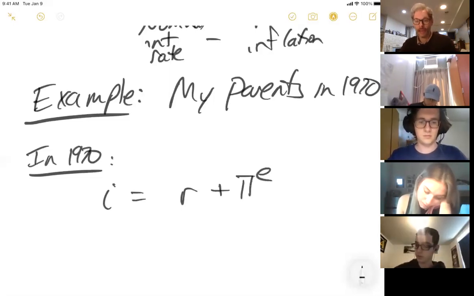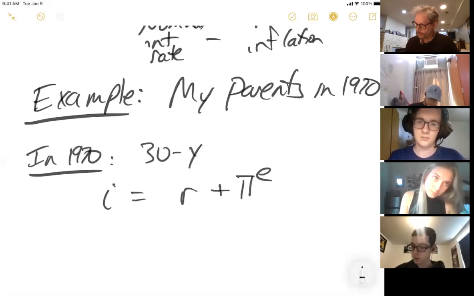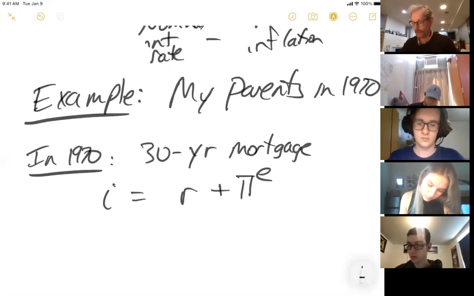And a mortgage has a fixed interest rate on it.